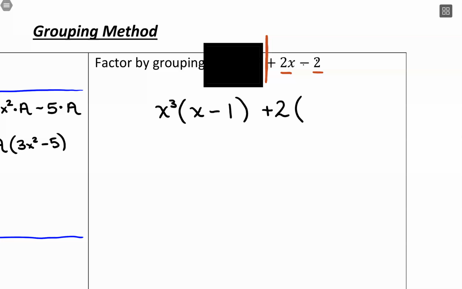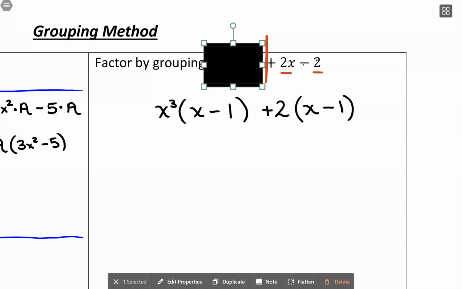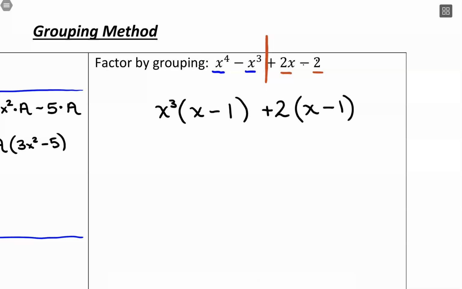And then in parentheses, 2x divided by 2 will leave us with x, and then negative 2 divided by 2 is a negative 1. So by looking at these two separate groupings, we're able to get out these greatest common factors in these separate groups.